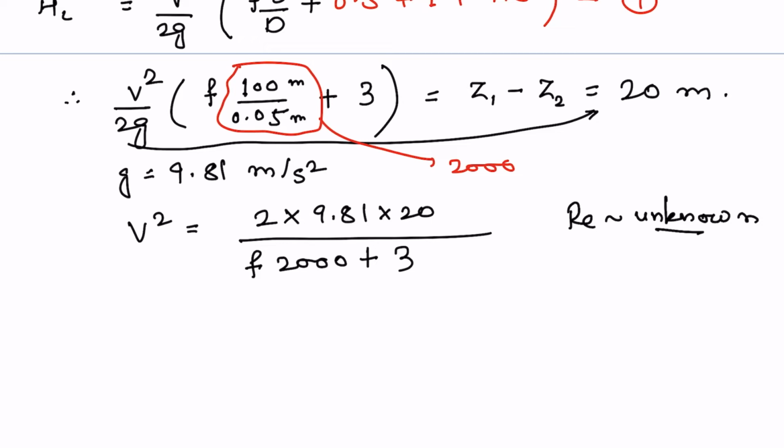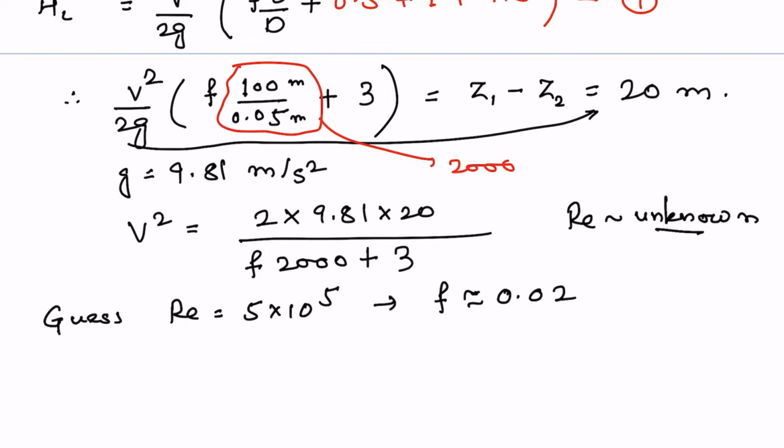So I'll just guess the Reynolds number to be something around 5 times 10 power 5, and the friction factor for this from the Moody chart comes out to be close to 0.02.